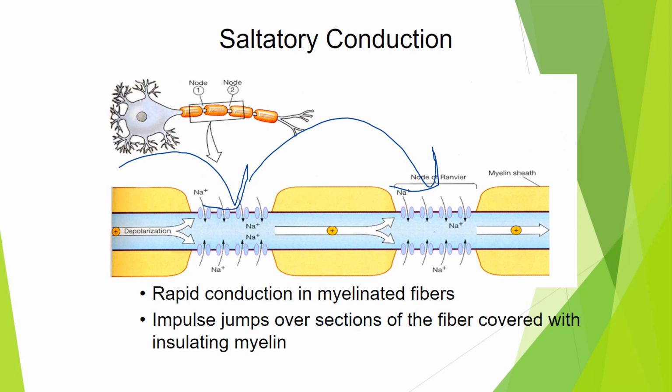Myelin, again, is what provides the insulation, improving the speed of cable properties. The nodes of Ranvier have high concentrations of sodium channels, and that allows sodium and potassium to cross the membrane every 1 to 2 millimeters instead of the entire length of that axon.